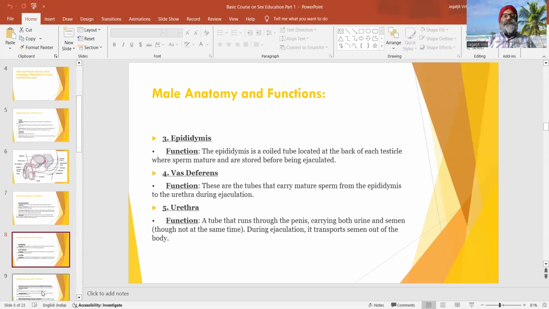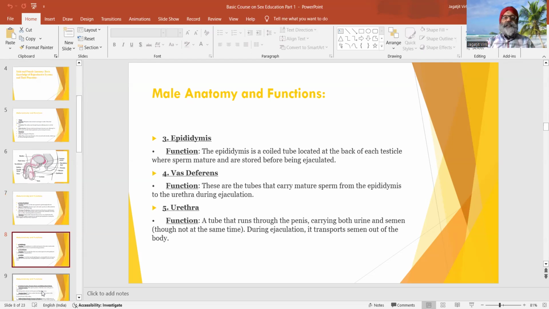Epididymis, which I have shown you above the testes. The epididymis is a coiled tube located at the back of each testicle where sperm mature and are stored before being ejaculated.